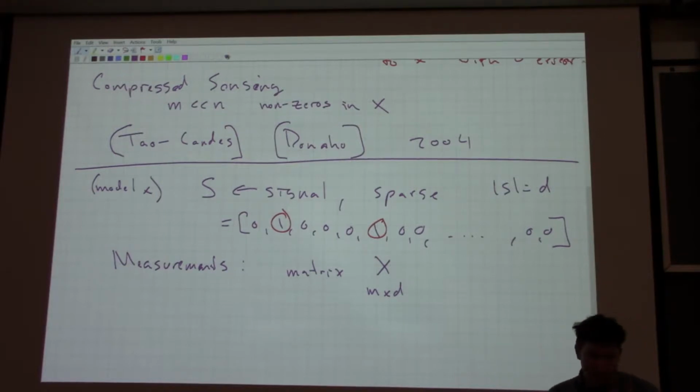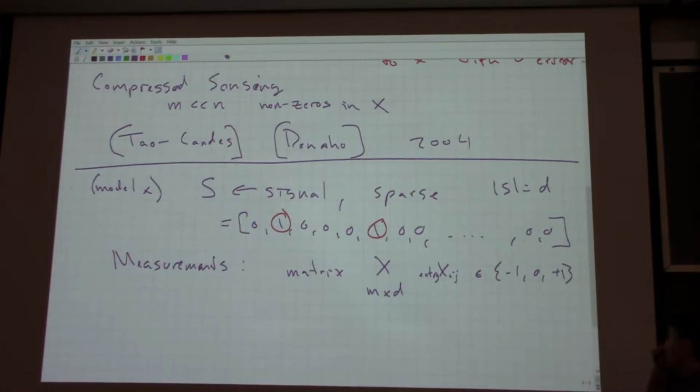And so for this measurement matrix X, each entry Xij is going to have, in this case, a value in -1, 0, and +1. So each of the elements of this matrix is going to have -1, 0, or +1.